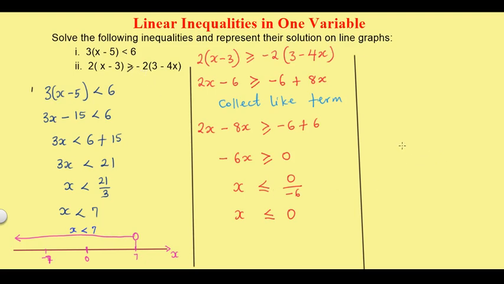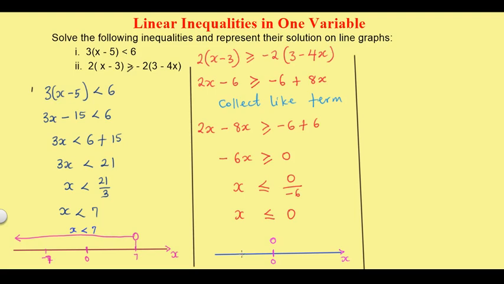That's what that means. Then how can we put that on a number line? Let's have our number line here. Let's say this is 0, this is the positive side of it, and this is the negative side of it.